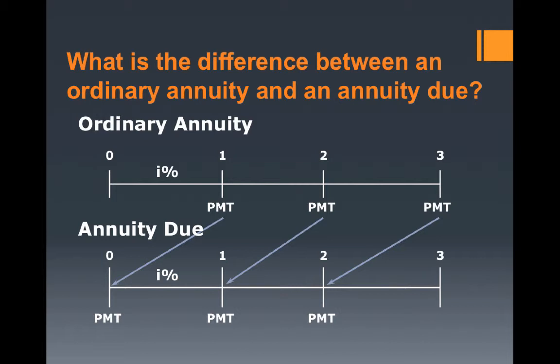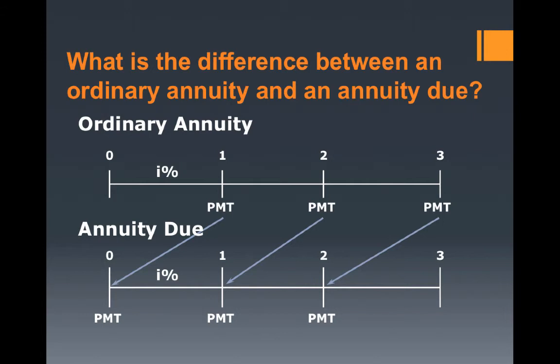That's the equivalent. So to value the annuity due, we could have taken and valued the present value of an ordinary annuity at the end of years 1 and 2, and added the payment at time period 0 to it, and that would have been equivalent to valuing an annuity due.